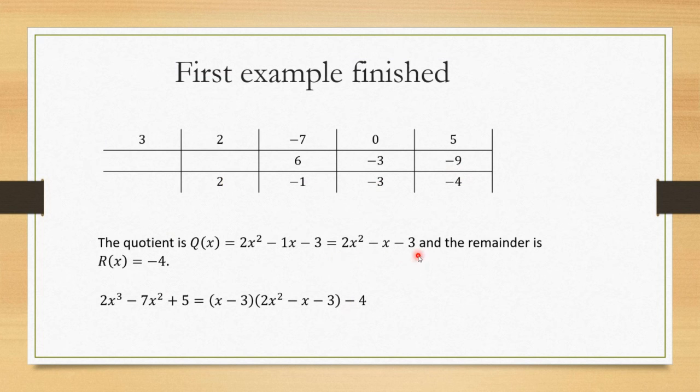This is our quotient. Here's our remainder. Altogether, our dividend equals x minus 3, that's our divisor, times our quotient, plus the remainder, which in this case is -4.